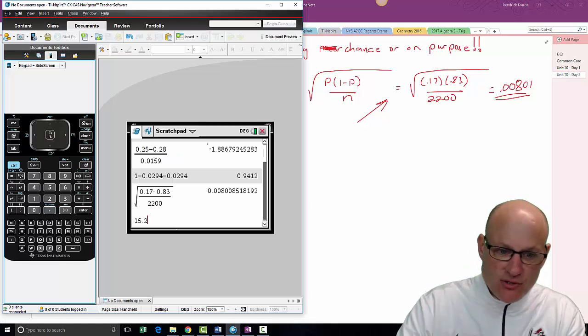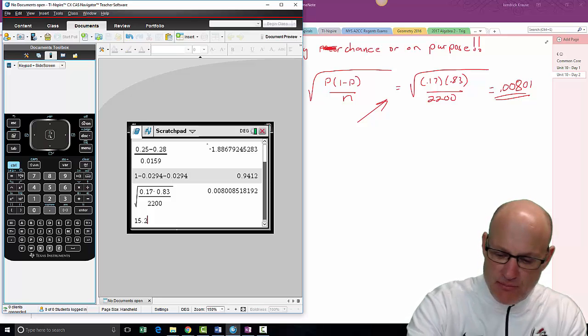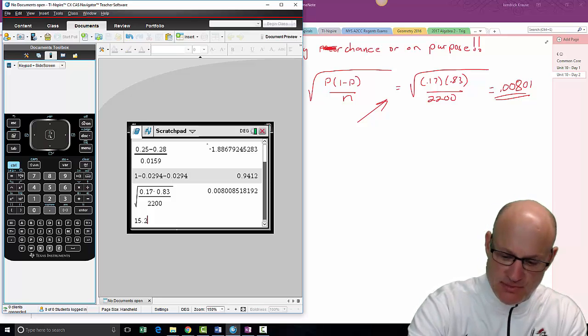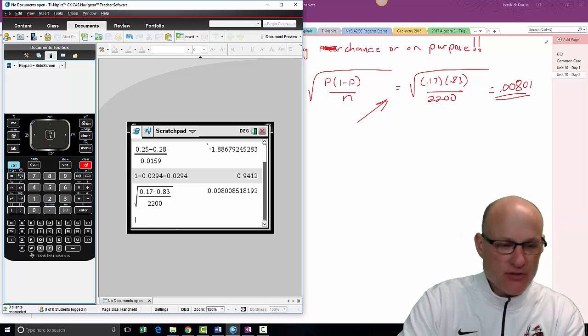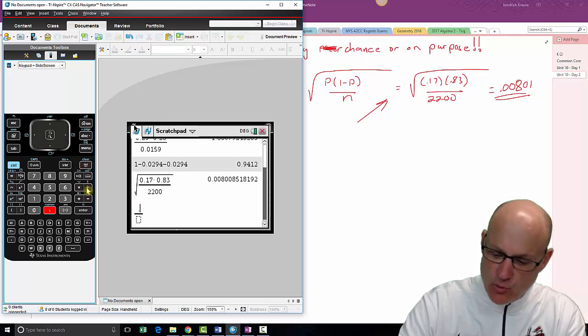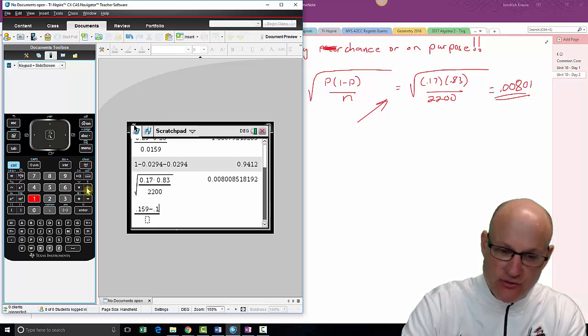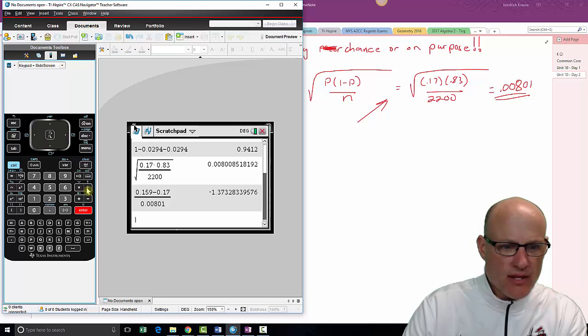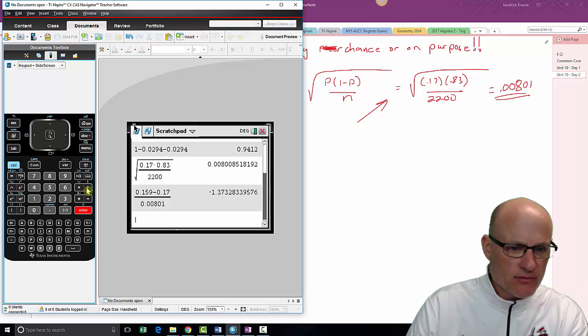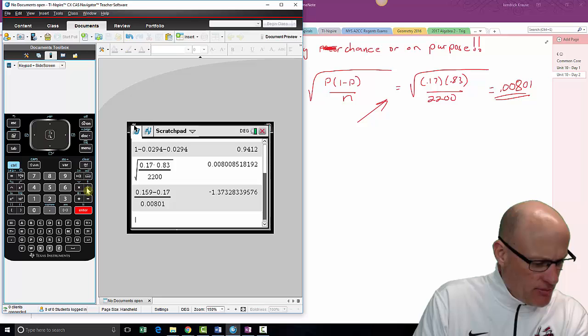Let's do this the right way. Control division. So 0.159 minus 0.17 all over 0.00801. Did I miss a value?